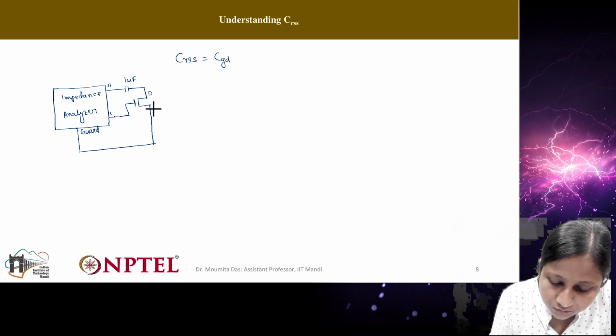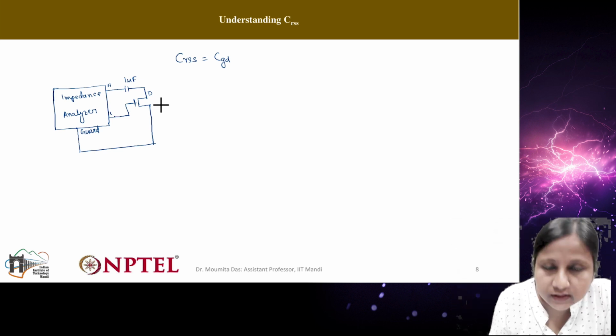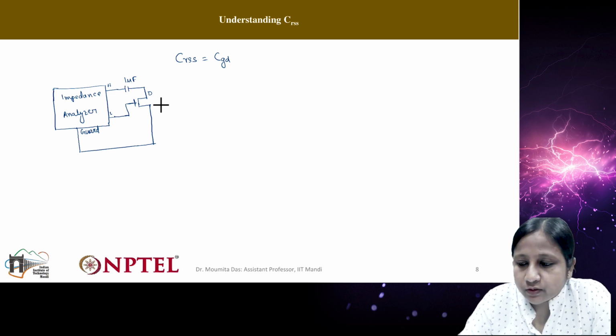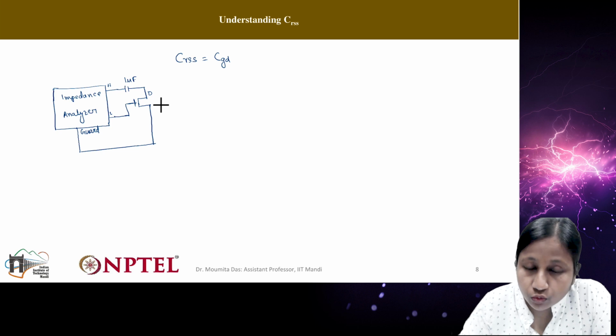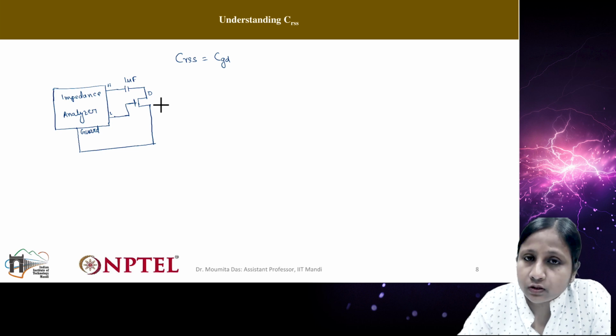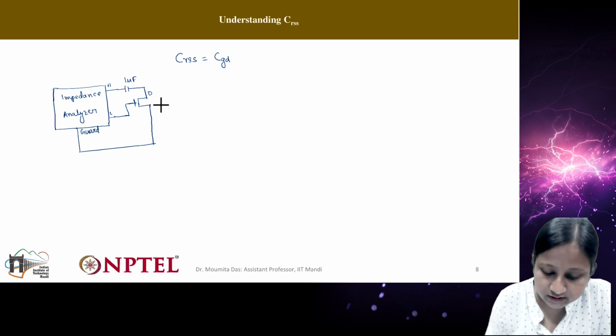So in the previous two cases, you have seen either we are shorting gate to drain, or we are shorting drain to source. So two different terminals we are shorting, but in this case we are not shorting any two terminals, because it is having only one capacitance. That is why we are keeping the other one, the source terminal, in the floating condition.